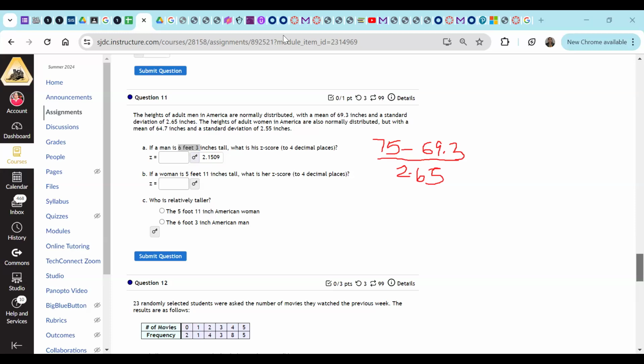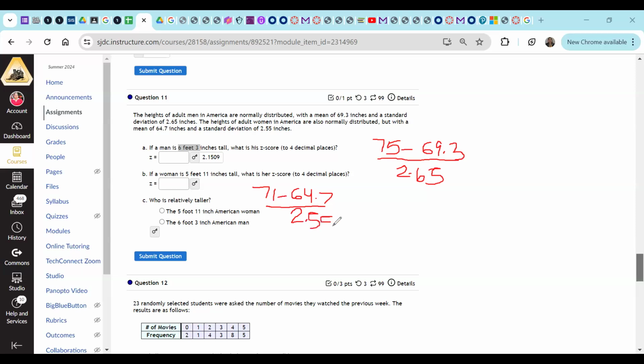Thank you for confirming, Veronica. Same way for the women, they're saying 5'11". In a foot, there are 12 inches. So 60 plus 11, that's 71 as X value, minus the mean for the women, 64.7, divided by standard deviation 2.55.